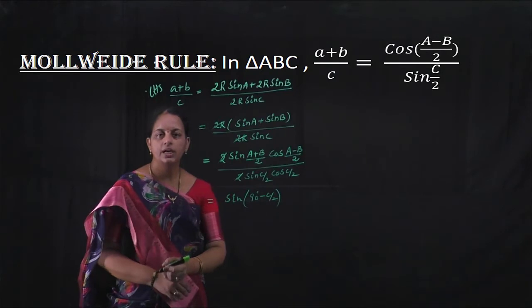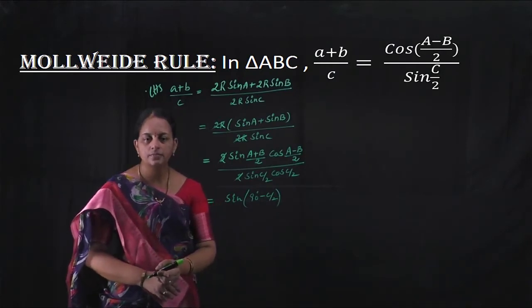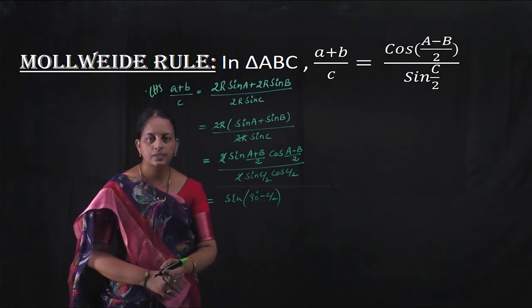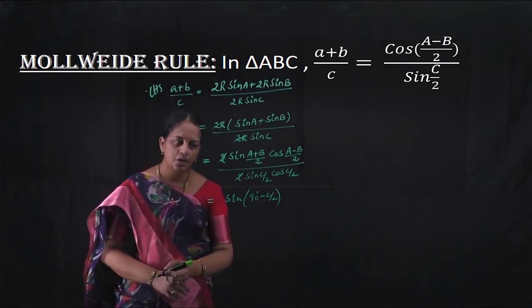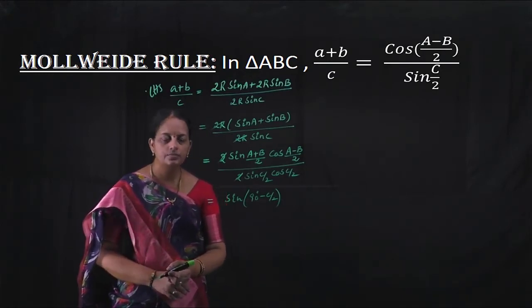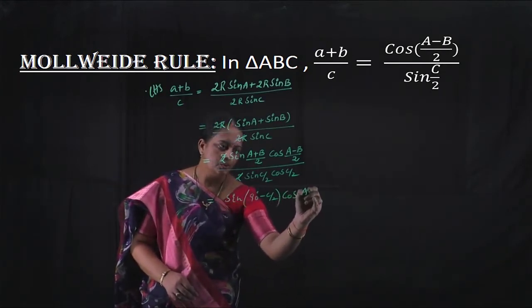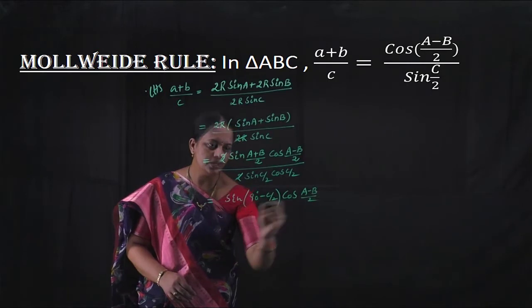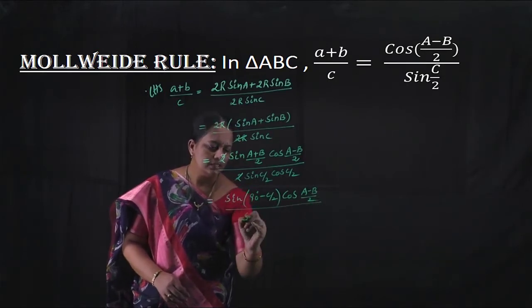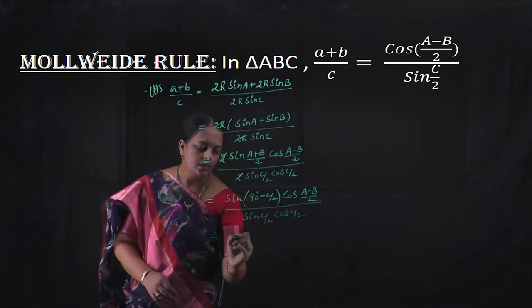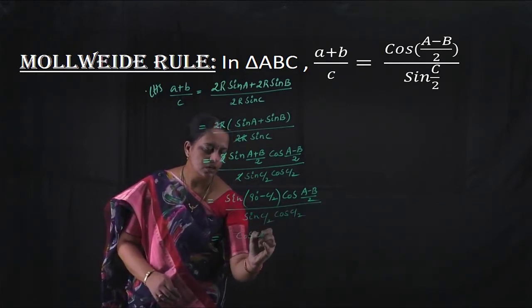Since we know that in triangle ABC, A+B+C is equal to 180° and A/2 + B/2 + C/2 is equal to 90°. From that we can write (A+B)/2 equal to 90° − C/2, into cos of (A−B)/2 by sin C/2 into cos C/2. This is equal to sin(90° − θ), which means cos θ.